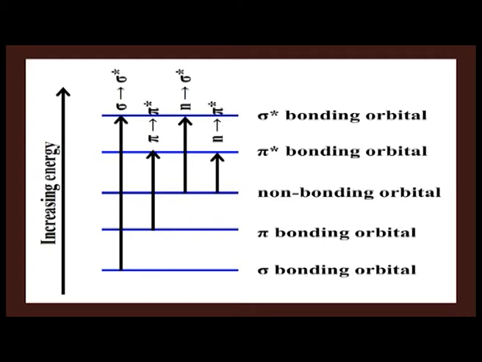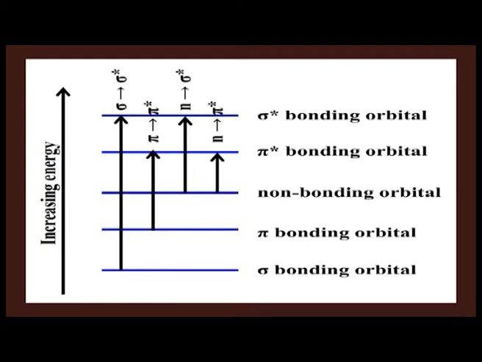In the molecular orbital theory, the sigma to sigma star transition is an excitation of an electron from a sigma bonding orbital to a sigma star anti-bonding orbital. Here sigma is the bonding orbital and sigma star is the anti-bonding orbital. This transition has the highest energy difference and so a small wavelength.